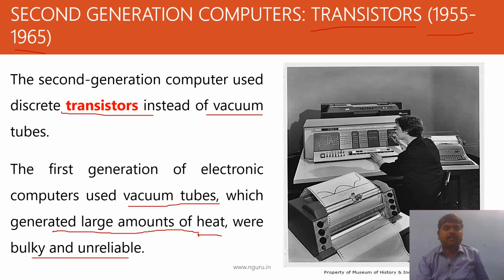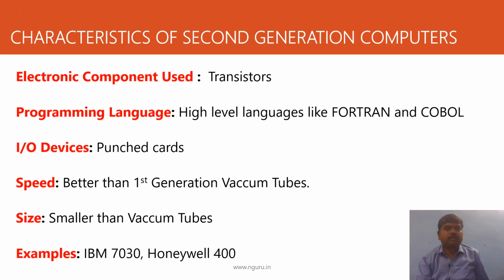They were bulky, and when it comes to reliability, the first generation computers are not so reliable when compared to transistors. So the characteristics of second generation computers: the component used was transistors, and by this time certain high level languages were in place like Fortran, COBOL, all that.